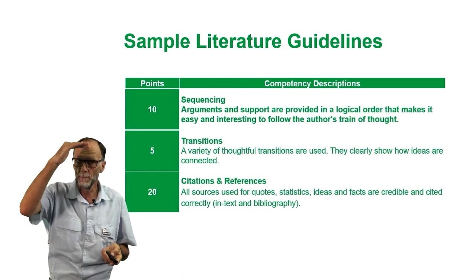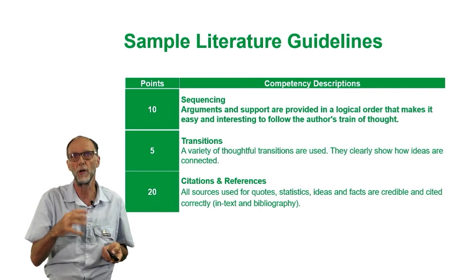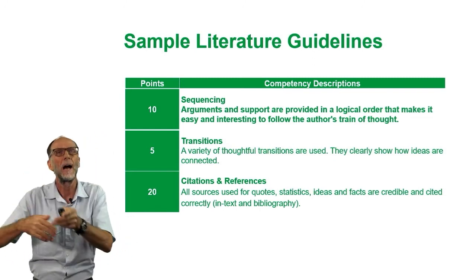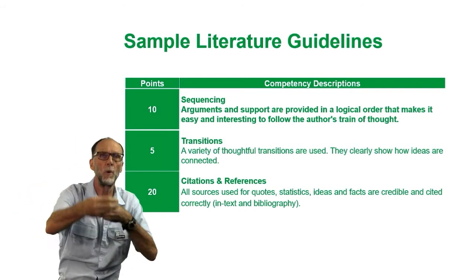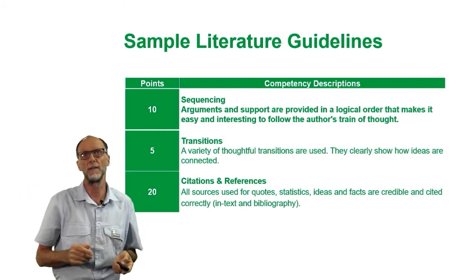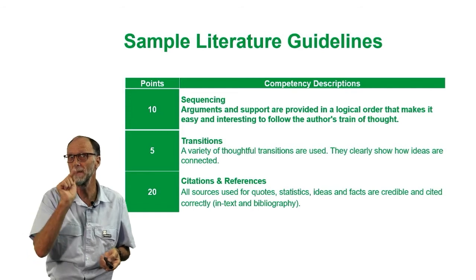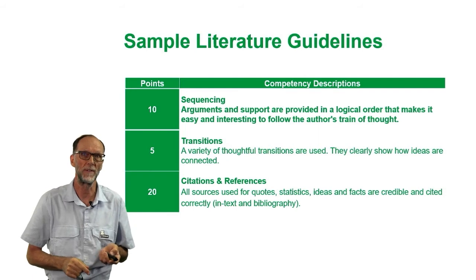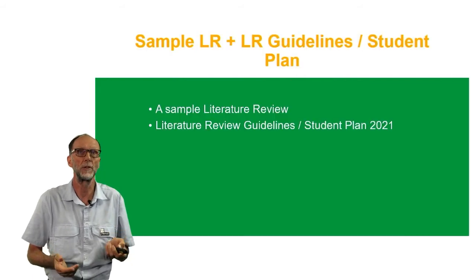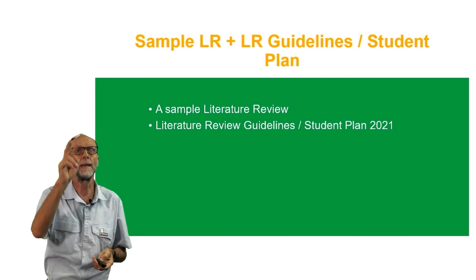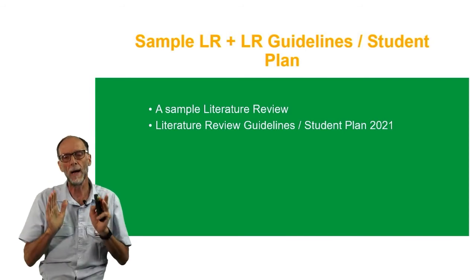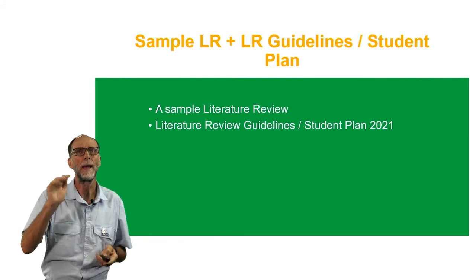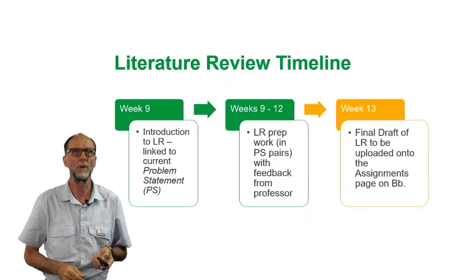The sequence, make sure you go in a logical, chronological sequence. Transitions, okay, first, after that we found this. Following that, you must transition, and of course, and notice 20 points, 20%. Citations and references, because after all, this is a literature review. And here are the 2 references you need, the review and the guidelines, which are on Blackboard.